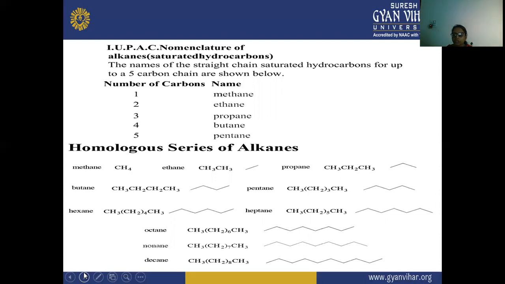Next are the unsaturated hydrocarbons. Unsaturated hydrocarbons are organic compounds which have double or triple bonds between two carbon atoms. Unsaturated hydrocarbons are the alkenes and alkynes, which have a double or triple bond between their carbon-carbon bond.